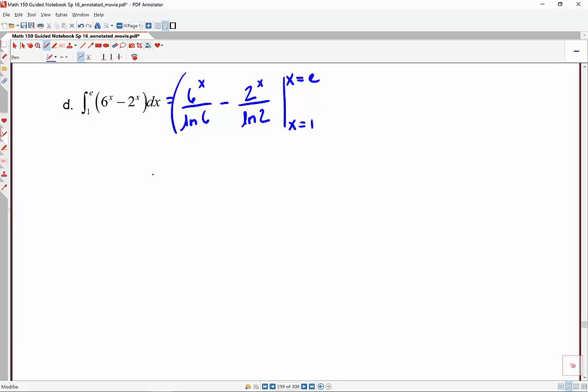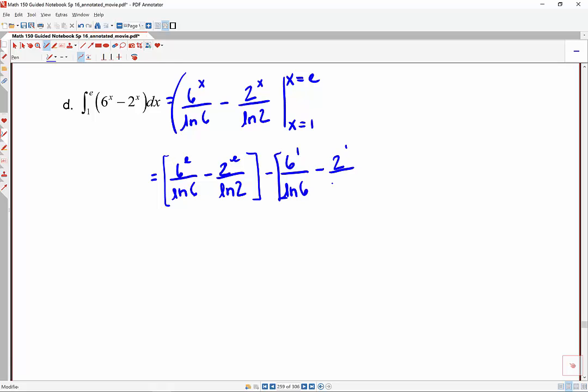So we will have 6 to the e over natural log of 6 minus 2 to the e over natural log of 2 for our upper limit of integration, minus 6 to the 1 over natural log of 6 minus 2 to the 1 over natural log of 2.